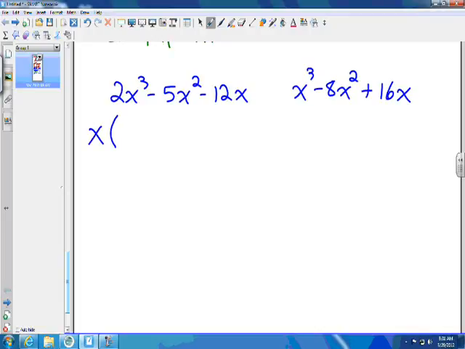And what would be left? 2x squared minus 5x minus 12, and then we would factor that. And that one you're probably going to need quad 3 to get a number out front.